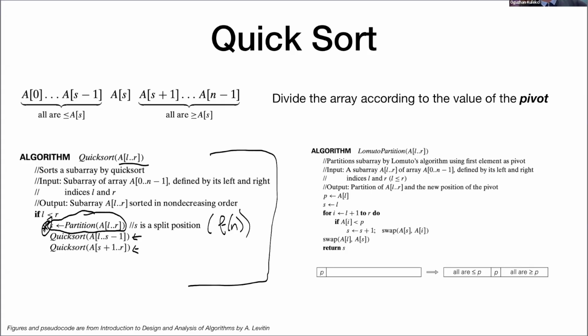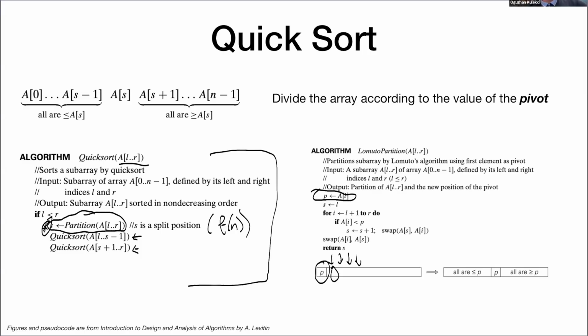To make it simple, I would like to start with the Lomuto partition. With Lomuto partitioning, you have the leftmost element chosen as the pivot, right? So this is your pivot element. You start from this position and visit all the remaining elements one by one, comparing each of them with the value of the pivot.